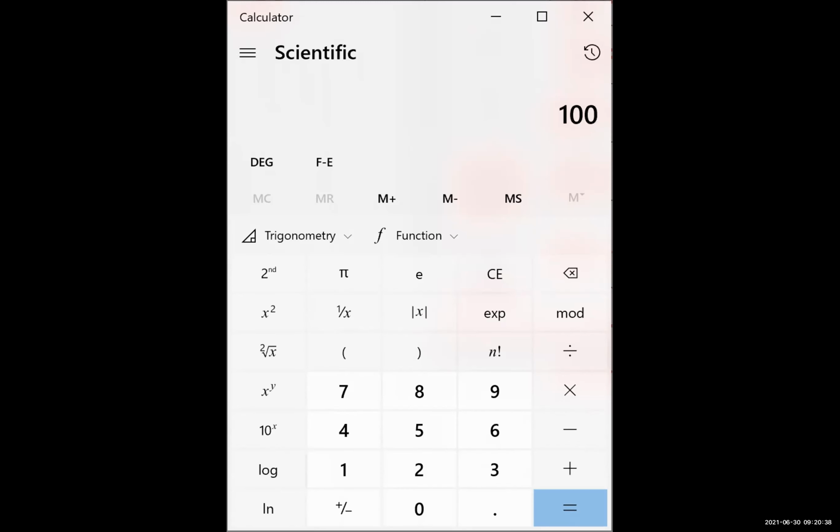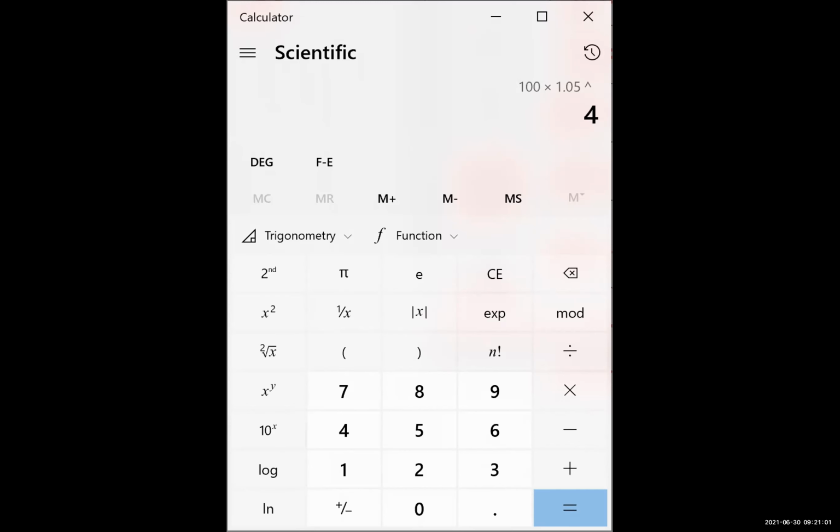100 times 1.05. I think I was talking too much and I forgot to enter 1.05 raised to the power of 4. Okay, now your calculator already knows that the exponentiation part is going to take precedence over the multiplication.